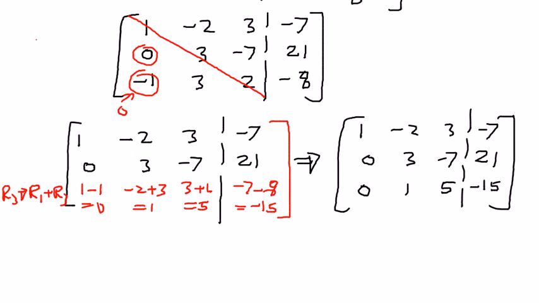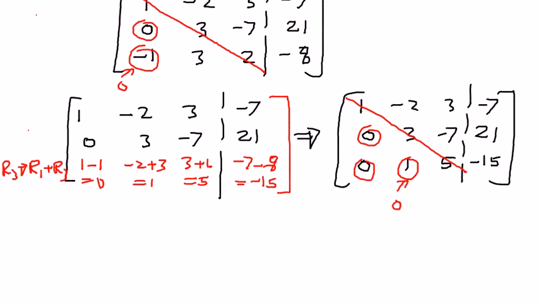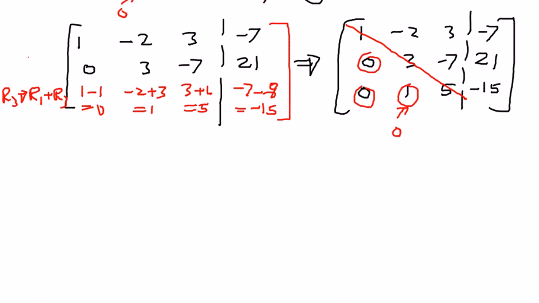If we draw a line along the diagonal, we still have work to do. We got a 0 there, we got a 0 there, and we want a 0 in this location as well. To achieve that, we're going to perform the row operation one more time. So we have 1, -2, 3, -7; 0, 3, -7, 21; and then we want the new R3.